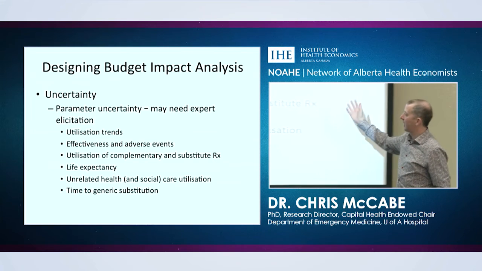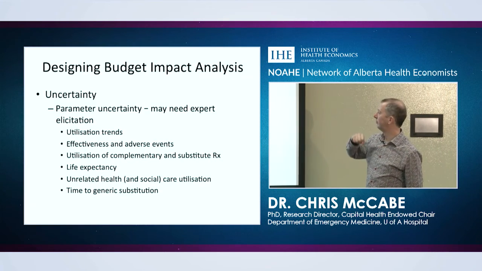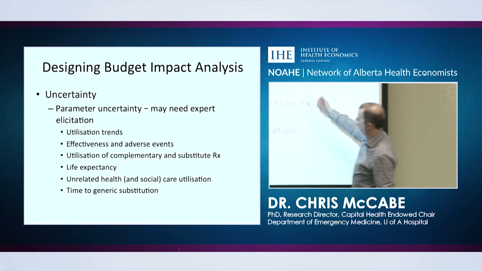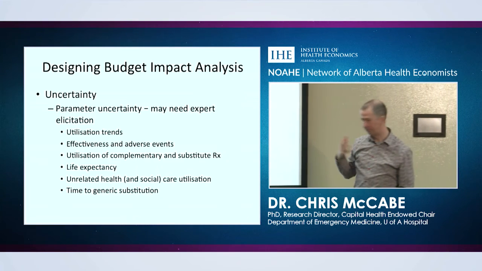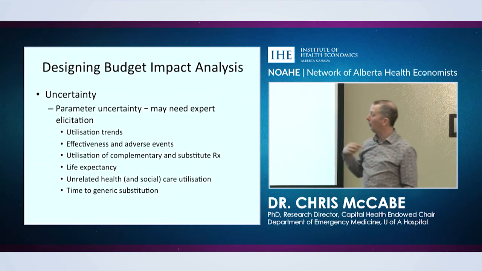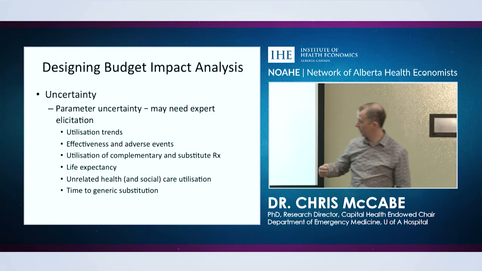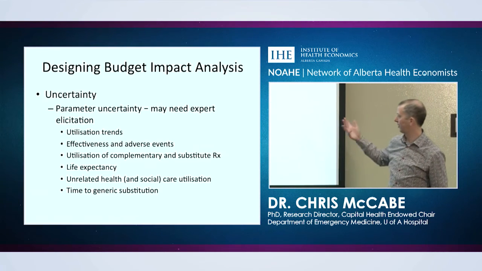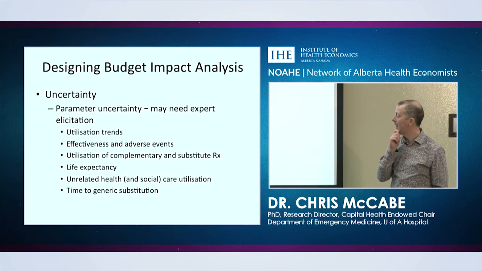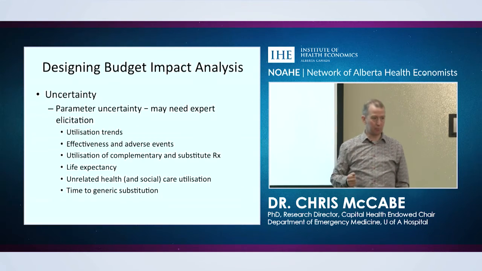Obviously, the effectiveness, the adverse events, they're uncertain. The use of complementary and substitute treatments, that's uncertainty. How it impacts on life expectancy and therefore unrelated health, and I say social care utilization, that's uncertain. Time to generic substitution.